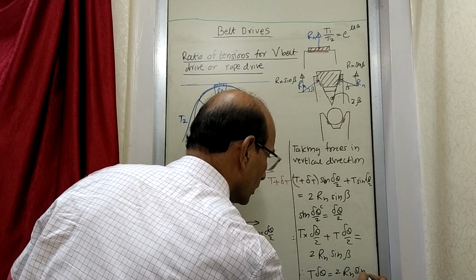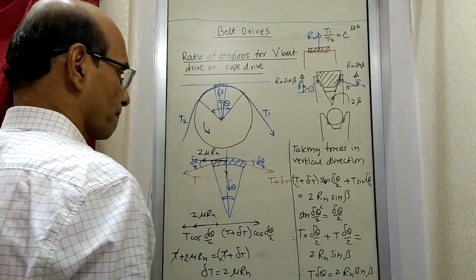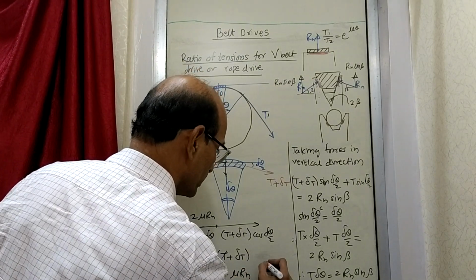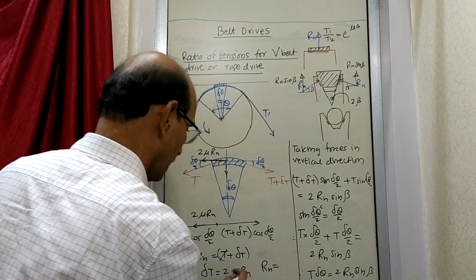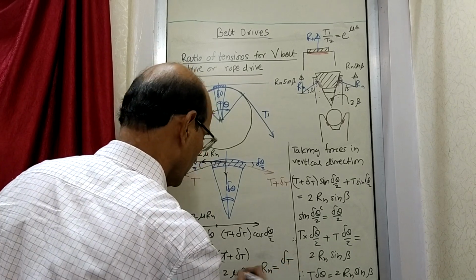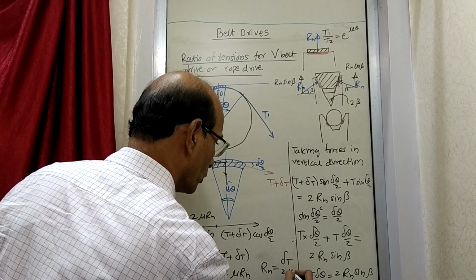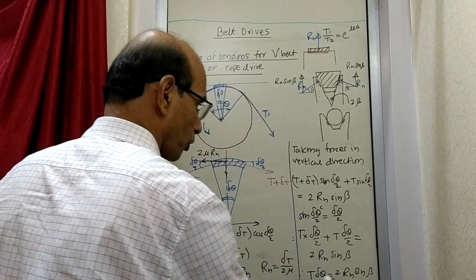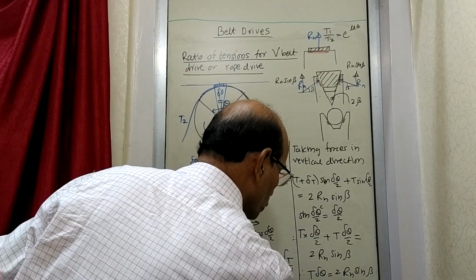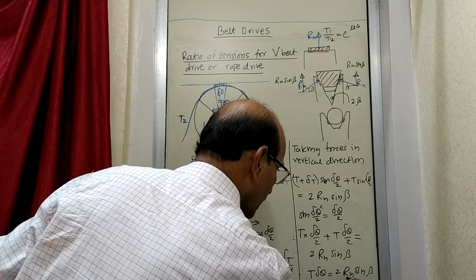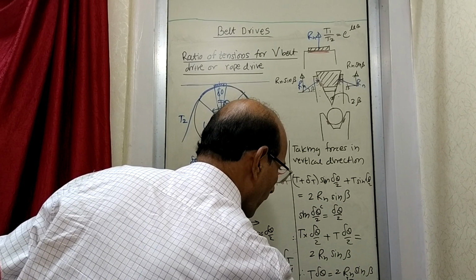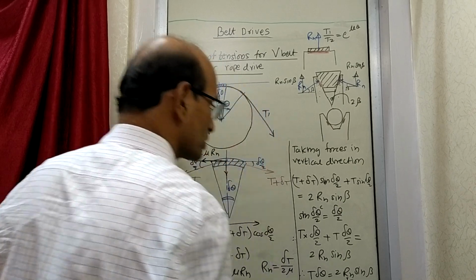Now Rn we already know from this, Rn is delta T upon 2 mu. So I'll write here delta T upon 2 mu, so it is equal to 2 delta T upon 2 mu sin beta. So 2 and 2 goes.